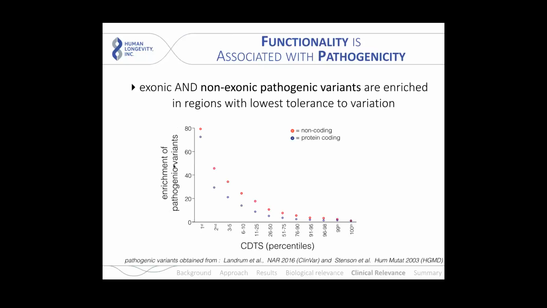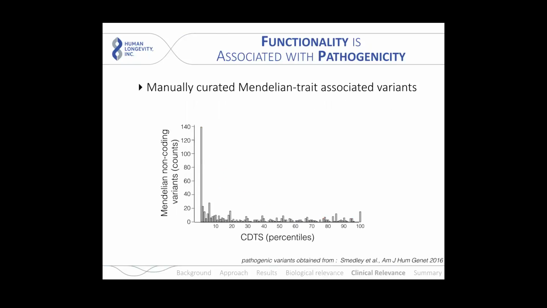And what's interesting is that it was the case for protein coding variants, but also, very interestingly, even for non-coding variants that are falling outside of any exonic regions. So this was really good to see. We then used another data set, which was based on manually curated Mendelian trait associated variants, just to check again that this is the case.